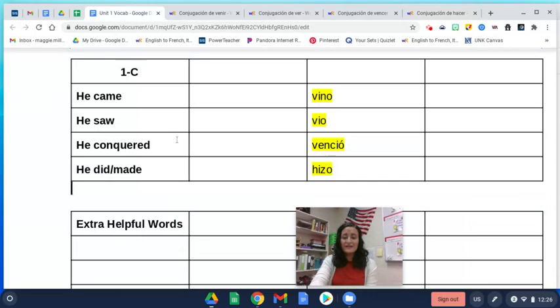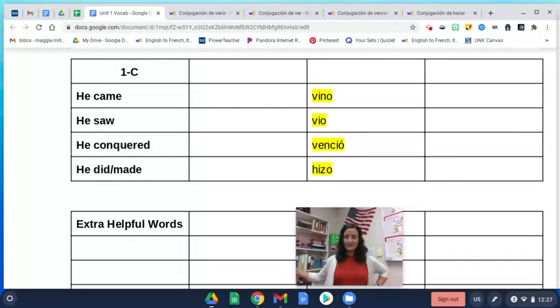So we're going to change that out right there. But otherwise, guys, that is it. So he came, vino, our action for that is going to be like this, right? Like come here. So when I say vino, you're going to go like this. Vio, he saw, we're going to just do one of these, vio. He conquered is venció. We're going to stand, put our hand on our hip, and we're going to put the flag in the ground as if we are conquering the new world or whatever it is.